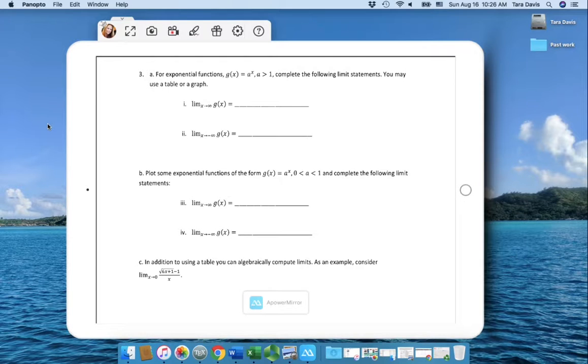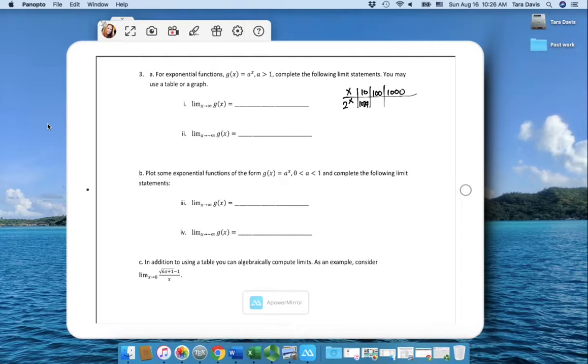So let's make a table, okay? Let's make a table for, say, 2 to the x. If I want to know what happens as x approaches infinity, I should use pretty big values of x. I'll use 10, 100, and 1,000 and see what happens. 2 to the 10 is 1024.